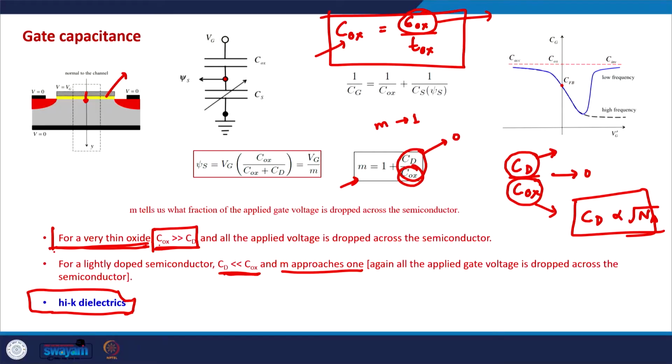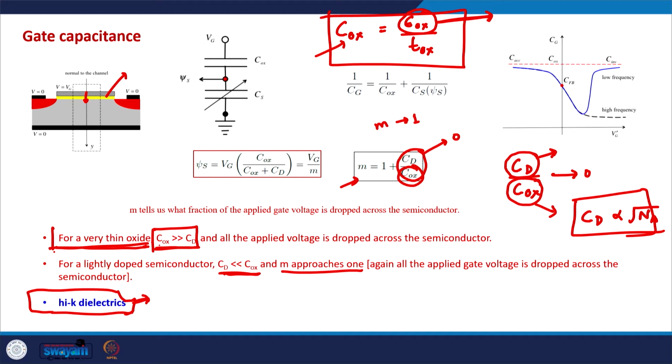But if we want to use high K dielectrics, which means the oxides which have high epsilon ox, in that case we would need to put another kind of oxide on top of silicon, and we need to keep many things in mind.